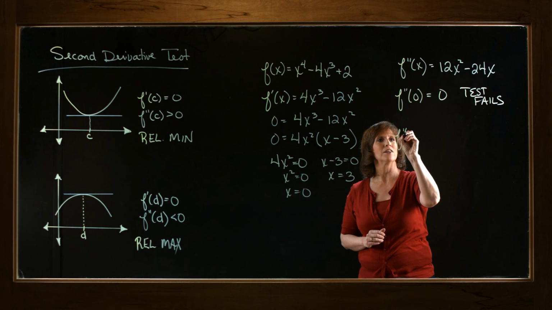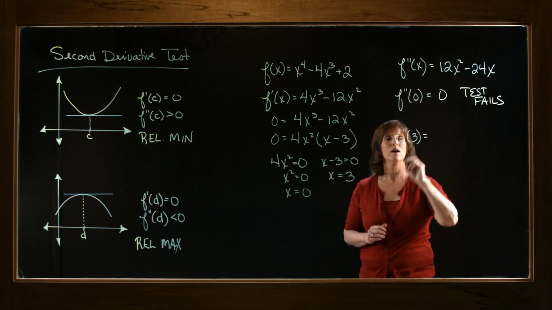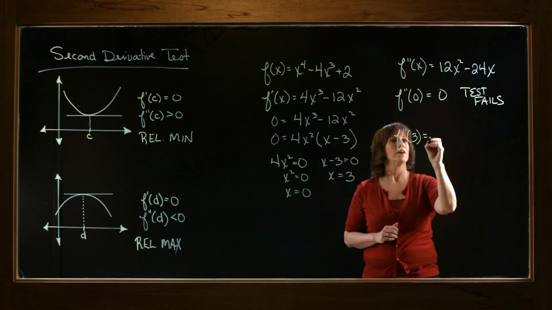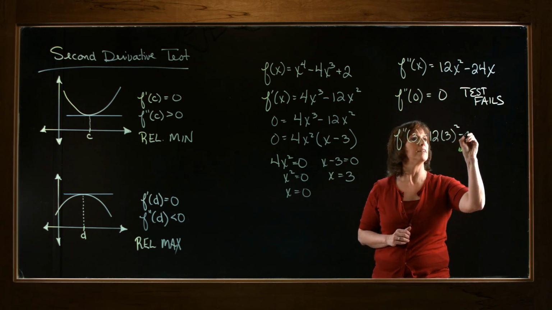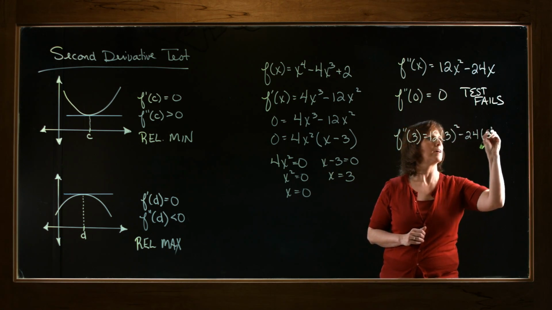Let's take a look at what happens when x equals 3. I'm going to have 12 times 3 squared minus 24 times 3.